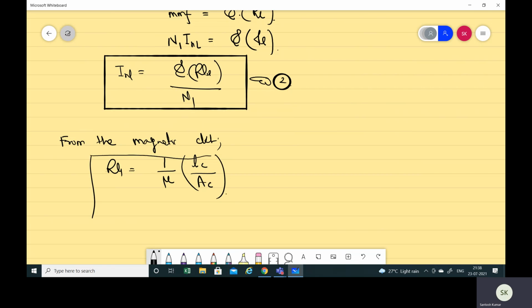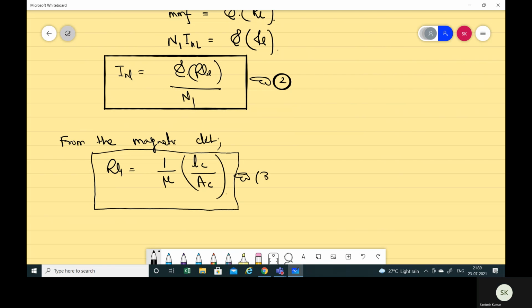So this is the third formula which we have to memorize. These formulas will be useful in our next video when we solve the previous year GATE questions based on the topic.